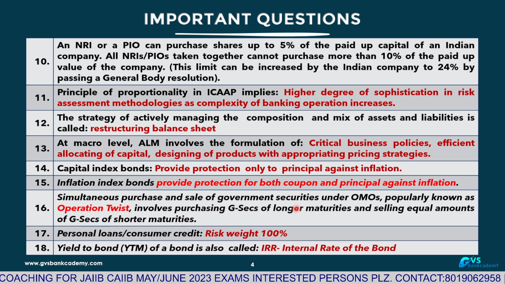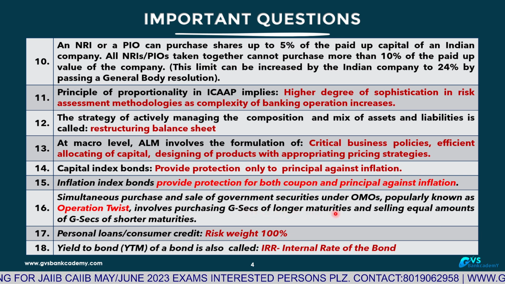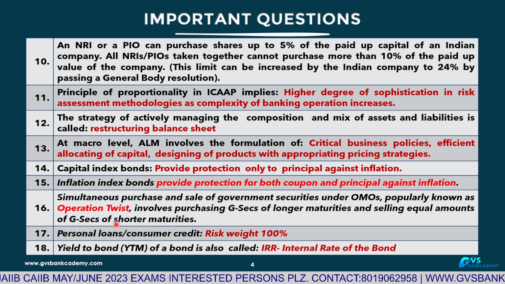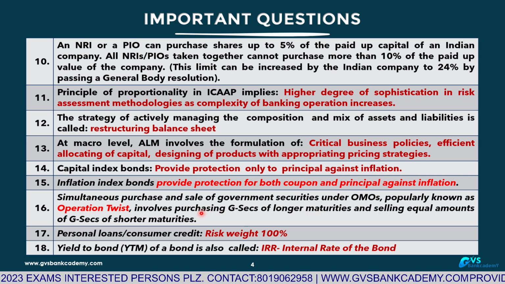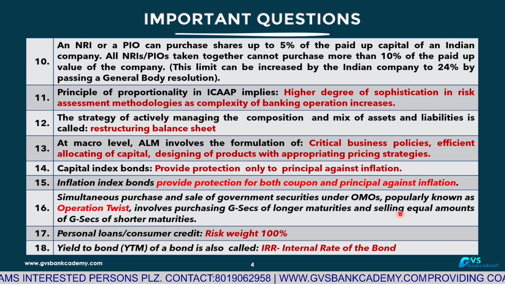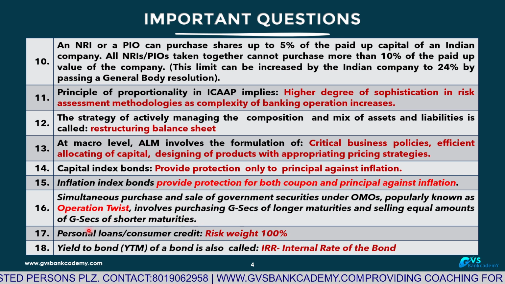For example, purchasing 10,000 crores of 10 year maturity securities and selling 1 year maturity securities. The amount is the same, but the maturity period is longer. Purchasing outstanding longer maturity securities from the market and selling shorter duration securities in the market to manage the yield in the market. This is Operation Twist.